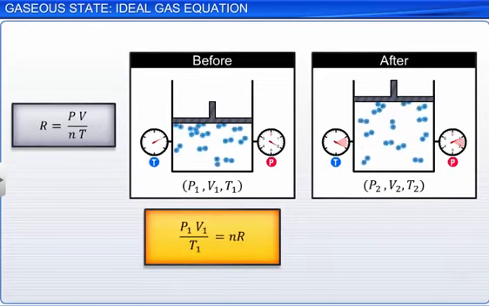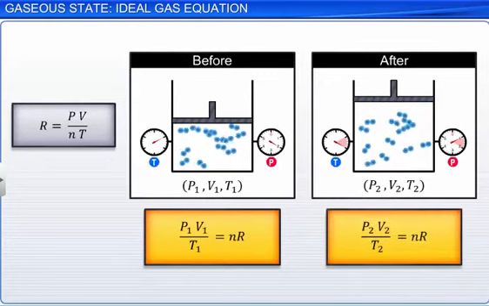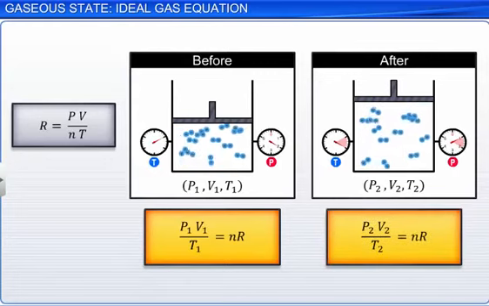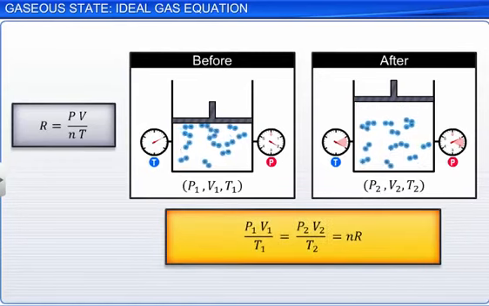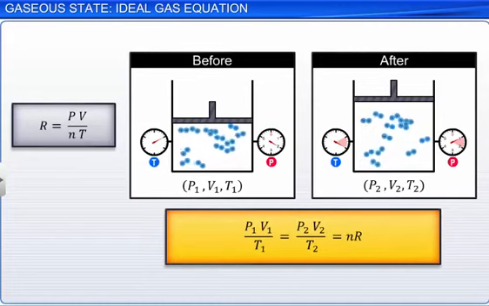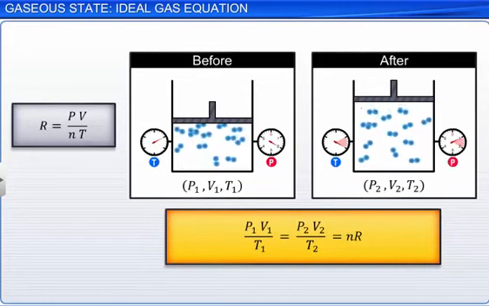Combining the two equations, we get P1V1 by T1 is equal to P2V2 by T2. This equation is known as the combined gas law and is useful in calculating any of the variables if the other five variables are known.